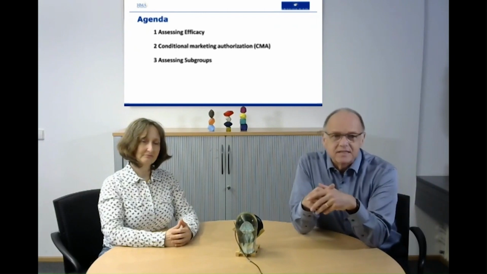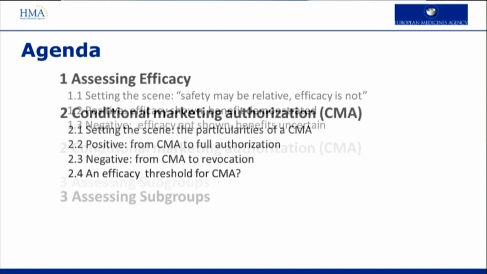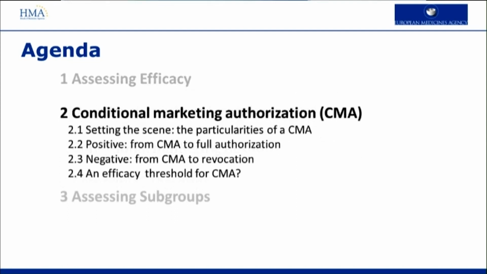For each of the topics, we will follow the same principle: setting the scene and then looking at examples for positive and negative decisions. For the assessment of efficacy, we will have examples of how positive decisions were made and examples that were insufficient to justify a positive conclusion of efficacy. For the conditional marketing authorization, we will outline the particularities of this regulatory pathway.